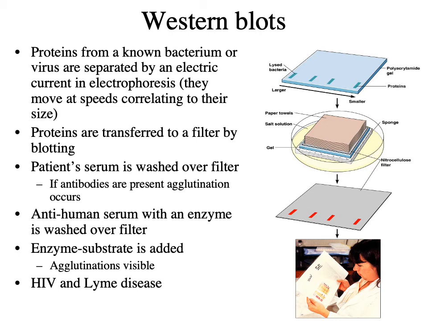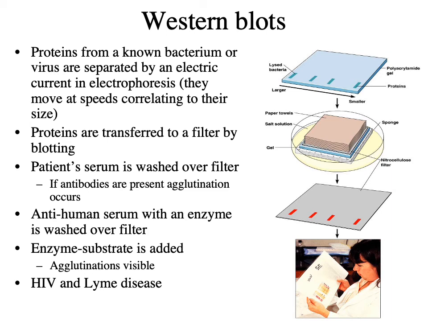So the two key illnesses, infections that we are concerned with when it comes to a Western blot are HIV and Lyme disease. So if you are asked a question about a Western blot and what infections it can determine a patient has, for your purposes, you're going to say HIV and Lyme disease.